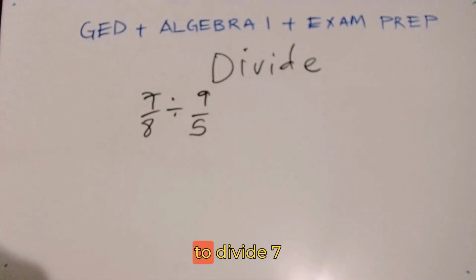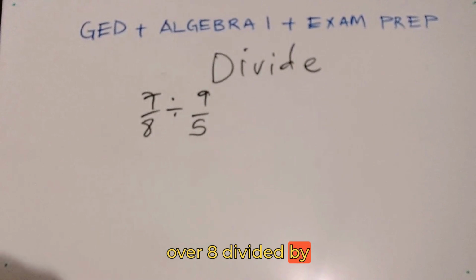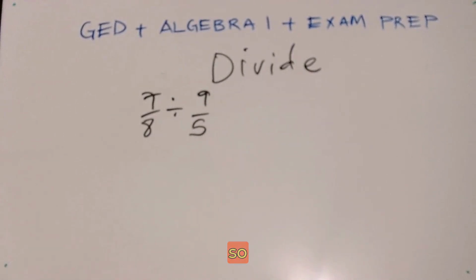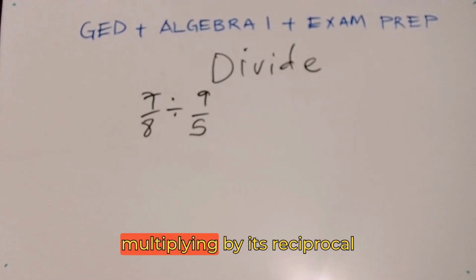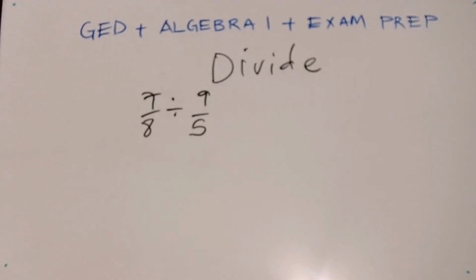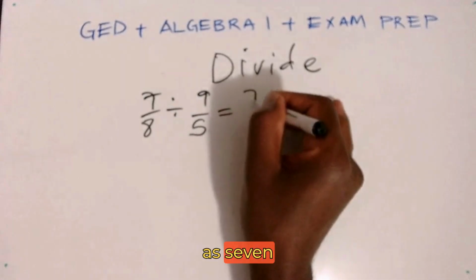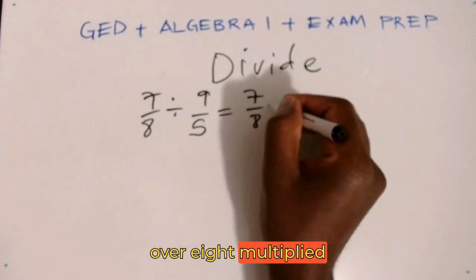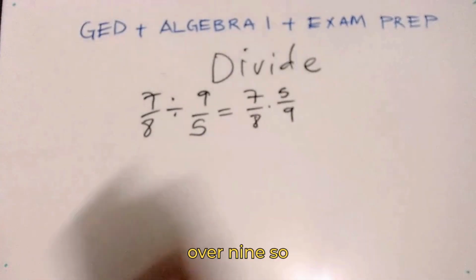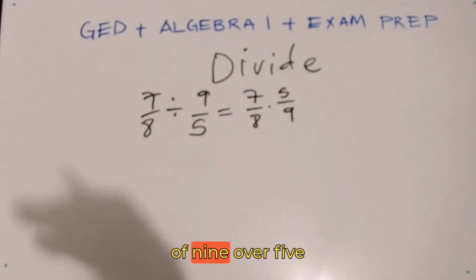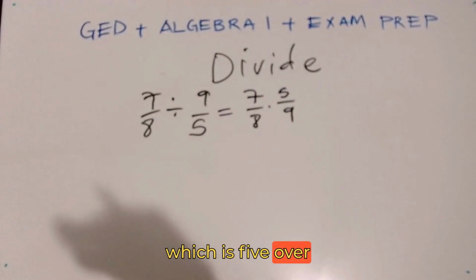The second question, we want to divide 7 over 8 divided by 9 over 5. So as you are solving, remember, dividing by a fraction means multiplying by its reciprocal. So we can write this as 7 over 8 multiplied by 5 over 9. So I take the reciprocal of 9 over 5, which is 5 over 9.